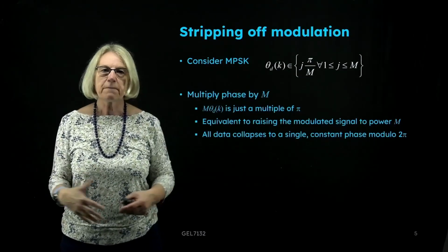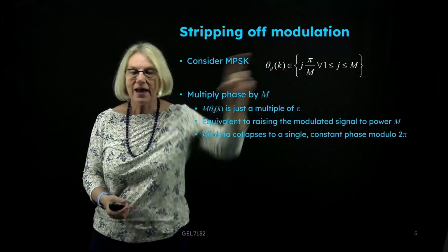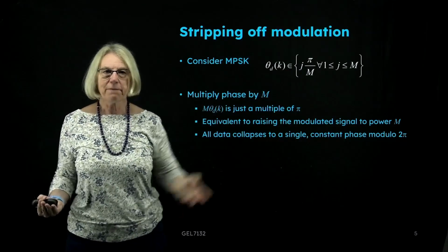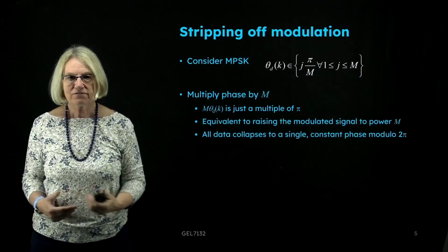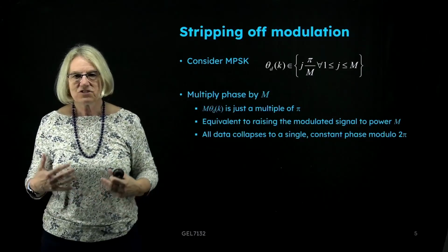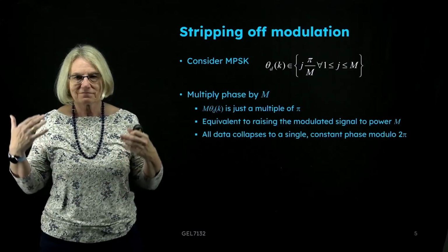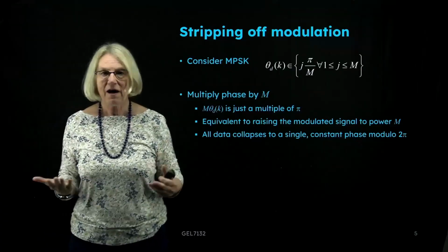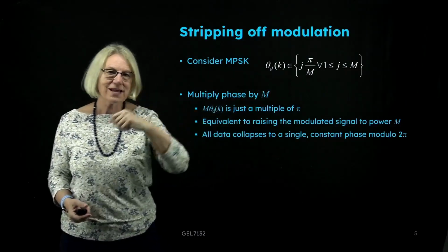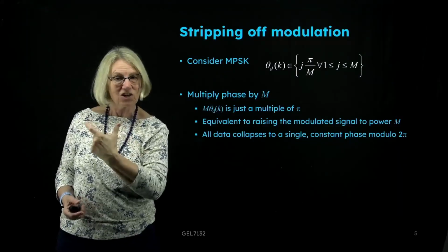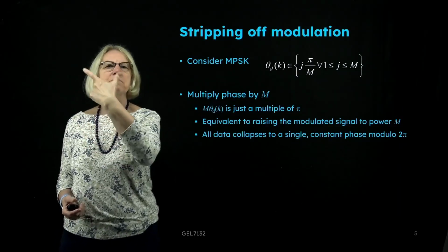And what happens if I multiply this phase by M? If I multiply it by M, then what's left is just j times pi. So I have just a multiple of pi. So when I say multiply the phase by M, it's the same as saying I'm going to take the signal and raise it to the Mth power.